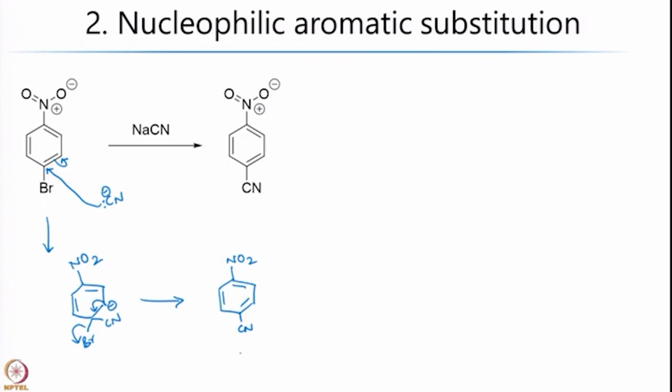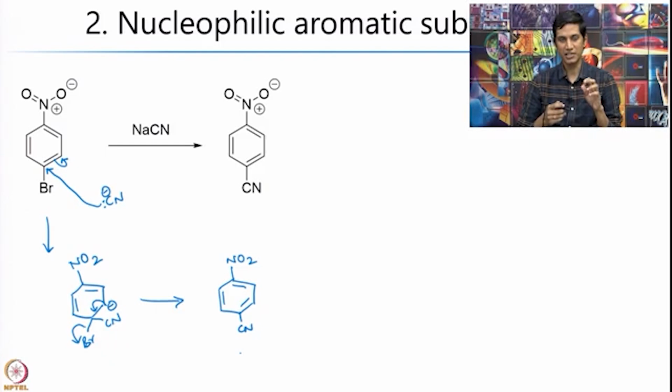So, an important point to note is that the difference between an electrophilic aromatic substitution and a nucleophilic aromatic substitution is that the nucleophilic aromatic substitution takes place on the carbon which bears the halide or the leaving group.